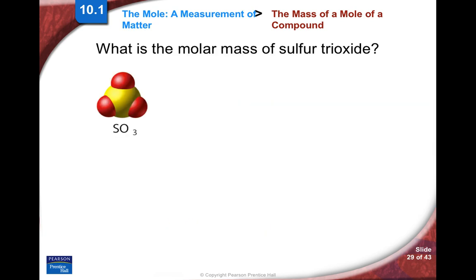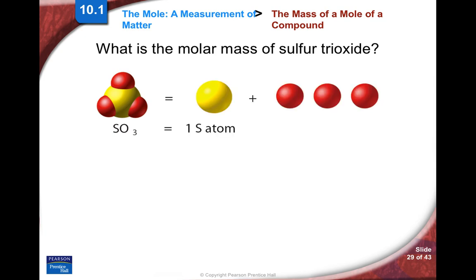So sulfur trioxide, the substance we were looking at earlier, we know is composed of 1 sulfur atom and 3 oxygen atoms. 32.1 AMU, or 32.1 grams per mole, is what's listed for sulfur. 16.0 for oxygen. Now, when you look at your periodic table, it's going to be 15.999 something, and this might be 32.08.